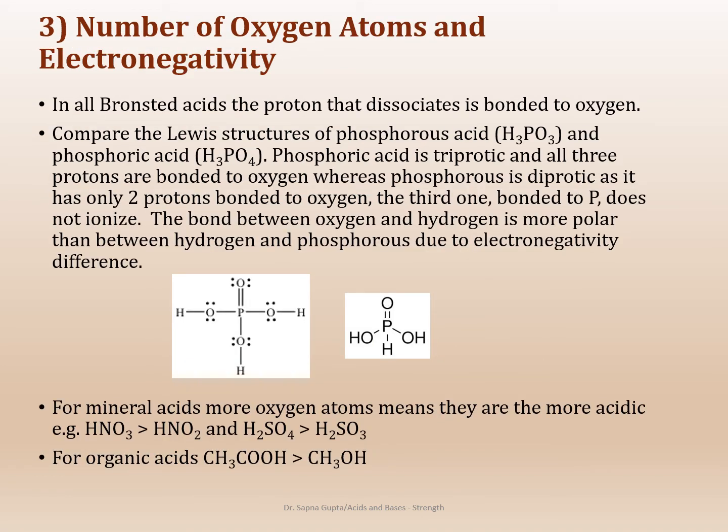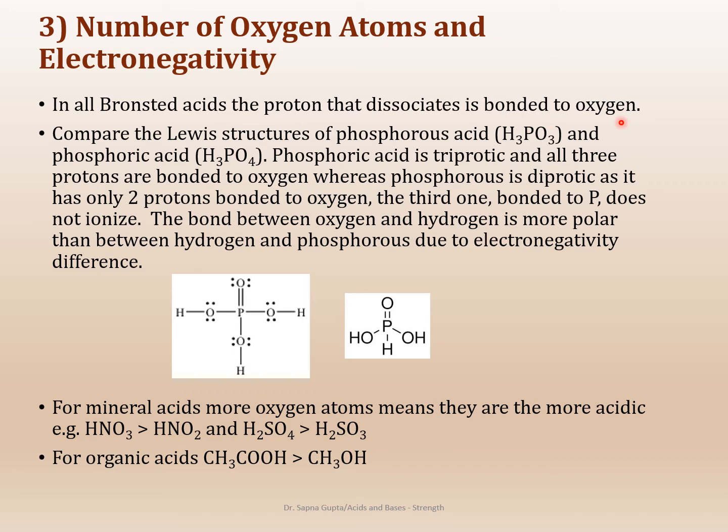Now going to the number of oxygen atoms and electronegativity. This is kind of related more to electronegativity than anything else. And this also brings up another point that I wanted to mention before: in recognizing what is a good acid, or what is a good proton, I should say, because acids donate protons, usually the proton that is dissociating is bonded to the oxygen.